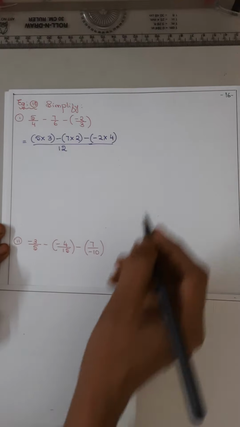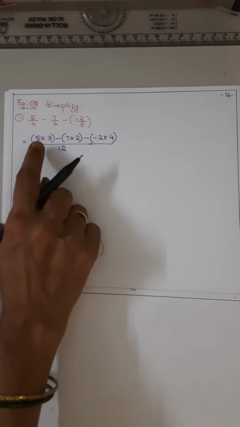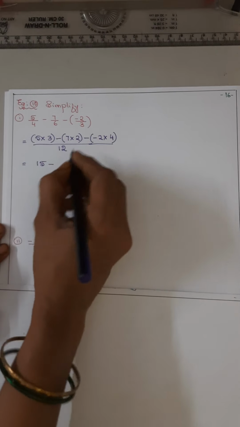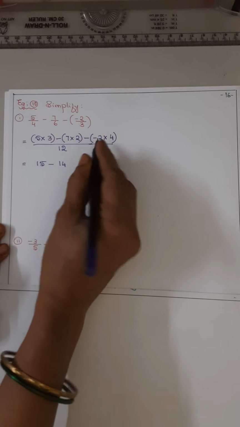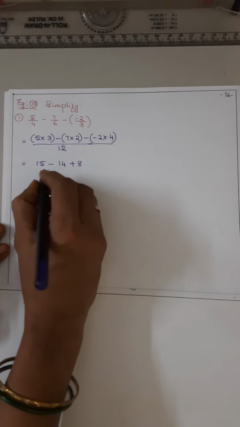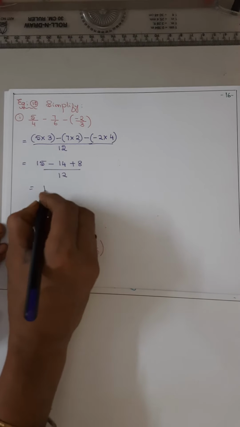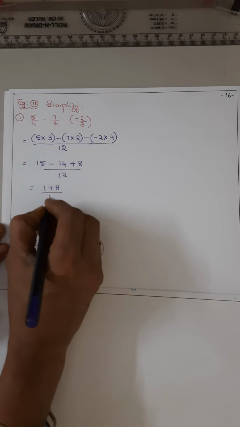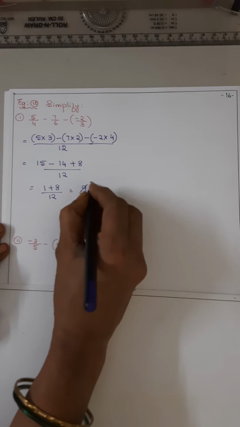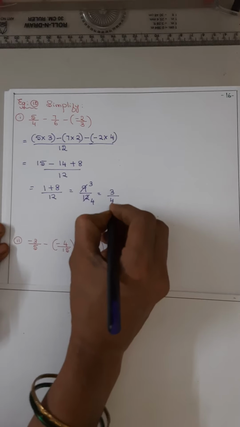So multiply by 4. Now multiply and see the answer. 3 fives are 15 minus 7 twos are 14 minus minus plus 2 fours are 8 upon 12. So 15 minus 14 is 1 plus 8/12. That means you got 9/12. 3 threes are 9. 3 fours are 12. Answer is 3/4.